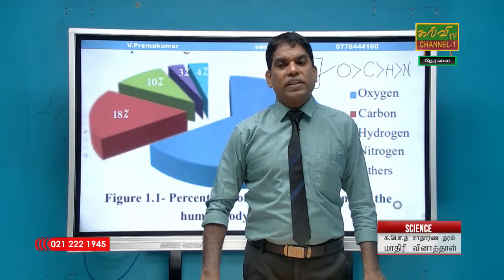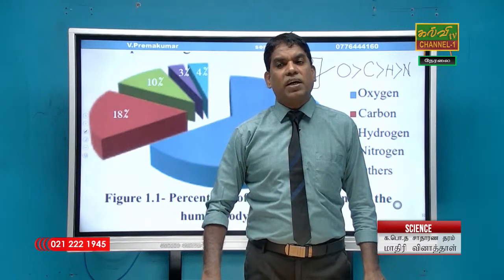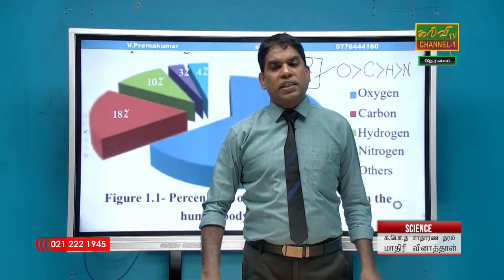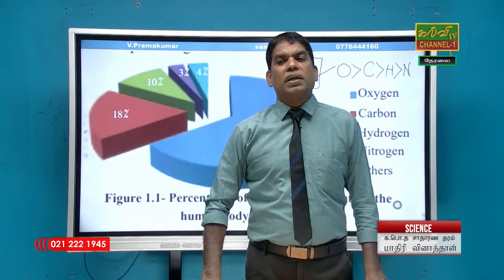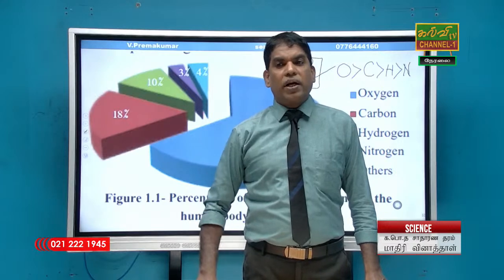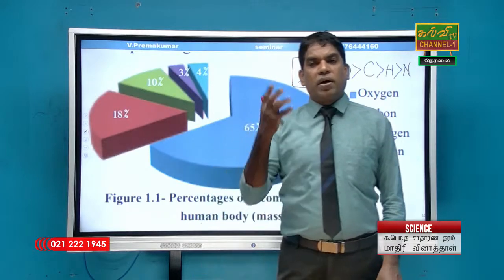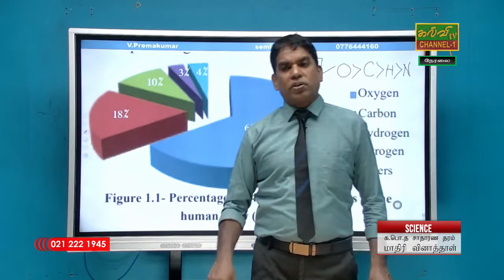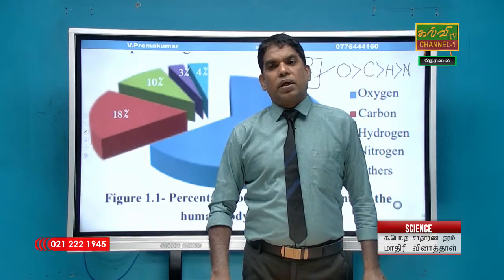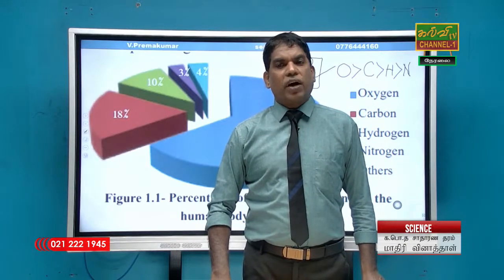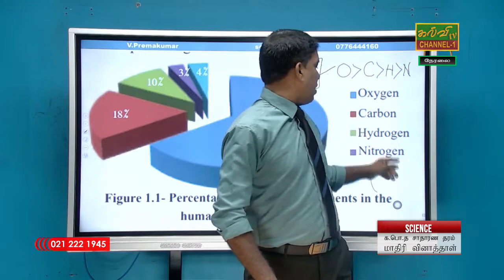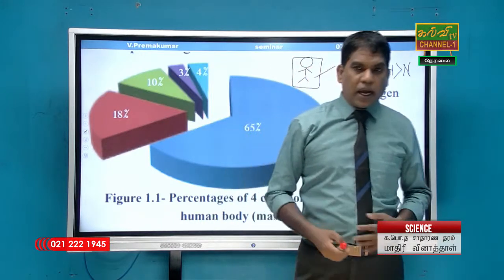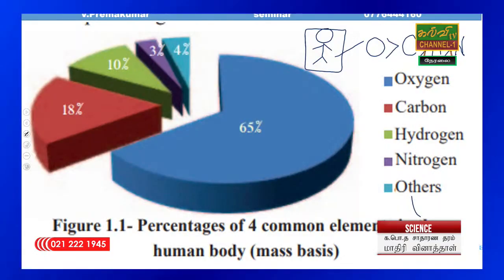According to mass, they give the elements in 4 answers, and you have to find the ascending or descending order. What has the most mass? Oxygen. Then the second one, carbon, and hydrogen and nitrogen.